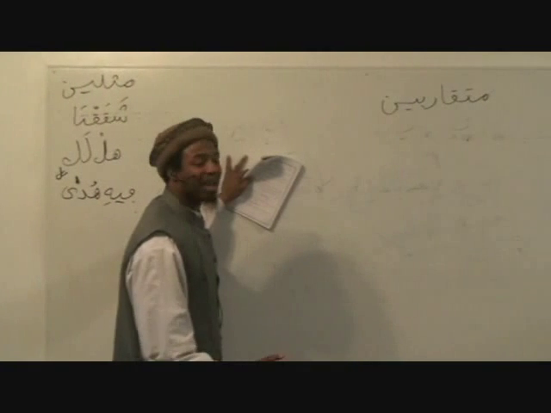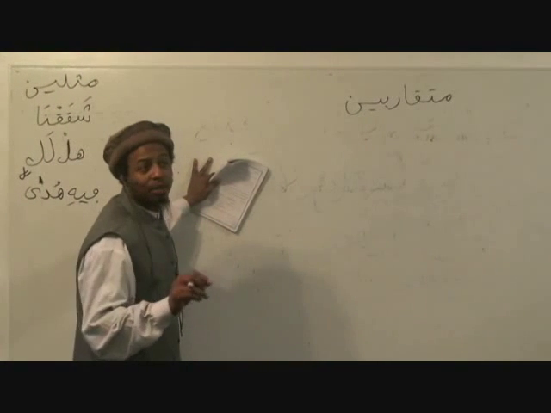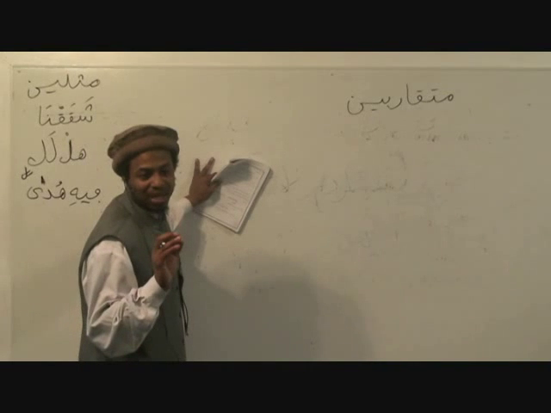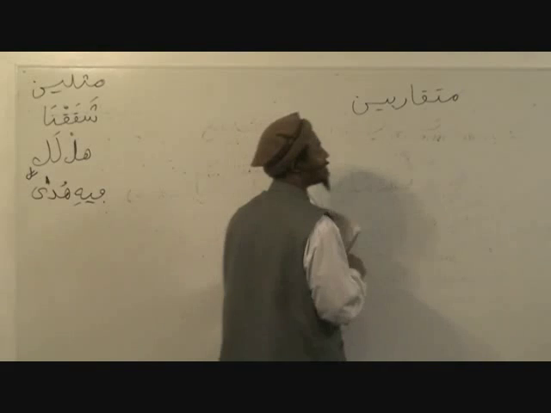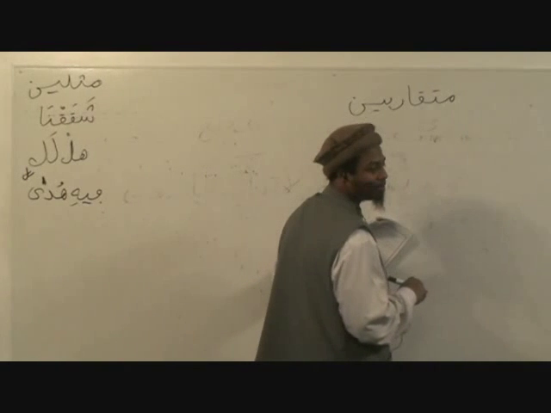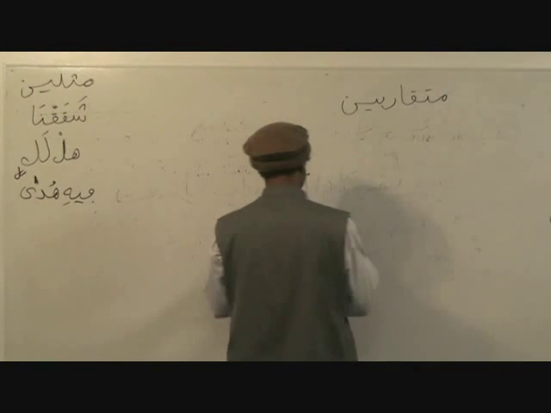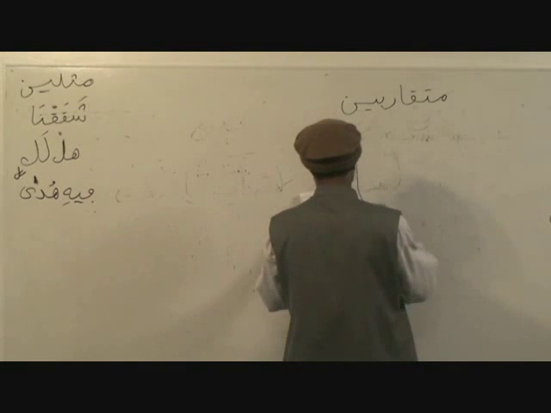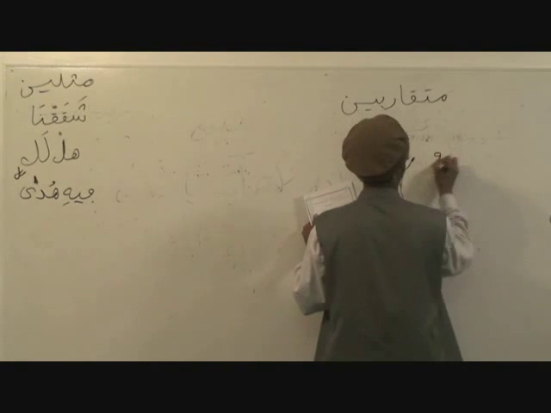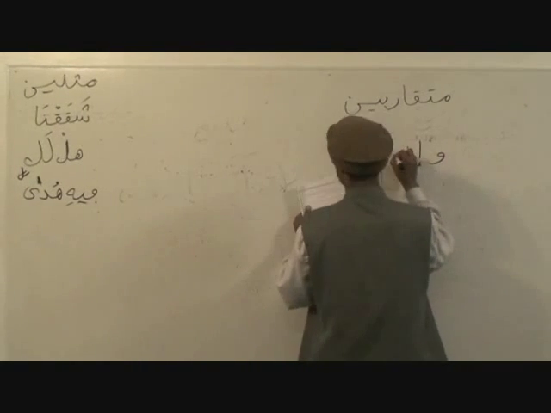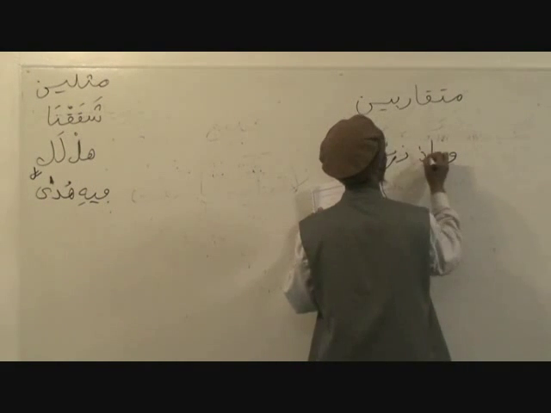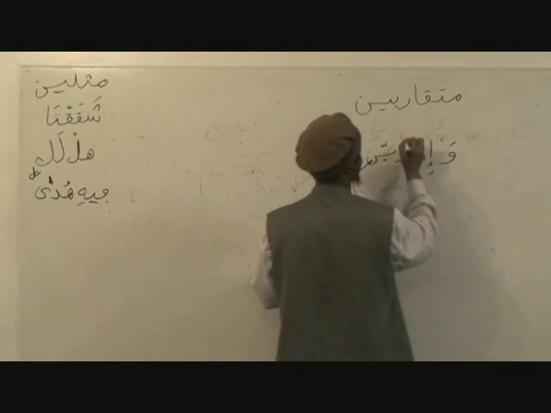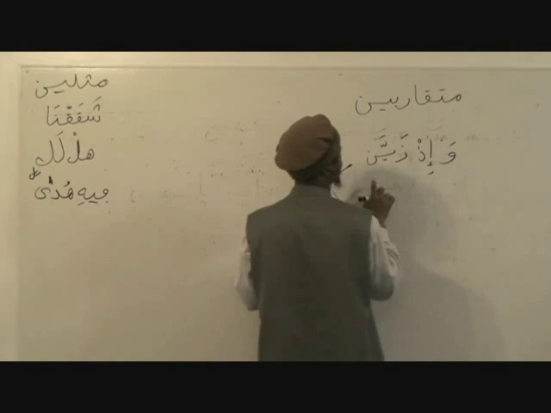So now متقربين, they're not going to be the same letter, but they're going to be close to being the same letter. Okay? Close in their makhraj. Like we say zay and dhal. Say zay and dhal. Okay, so here we give an example. Like we say, وَإِذْ زَيَّنَا. So say, وَإِذْ زَيَّنَا.